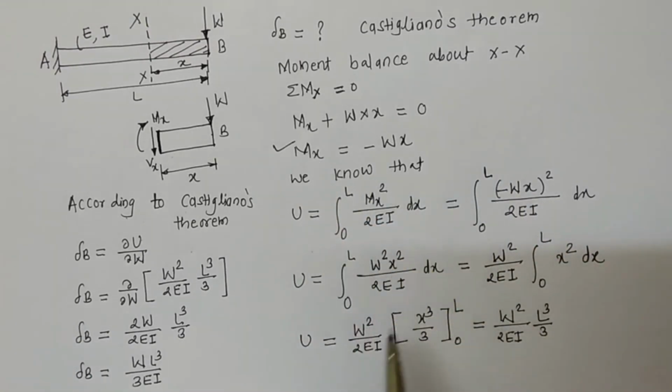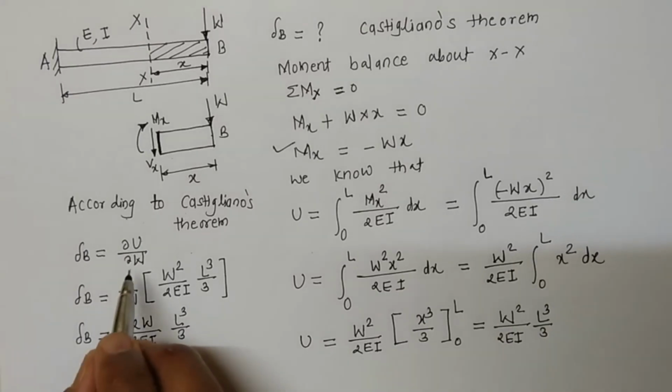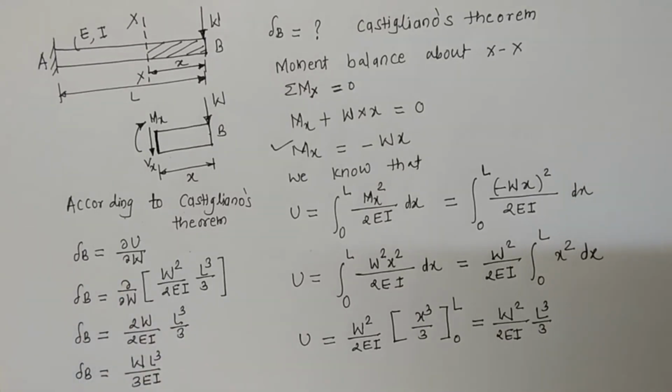And by simplifying this and solving the integral, I get capital U equal to W square by 2EI L cube by 3. This is the strain energy of bending, and this is differentiated with respect to the load W, and I got delta B.